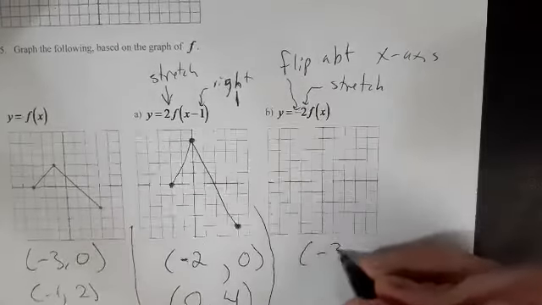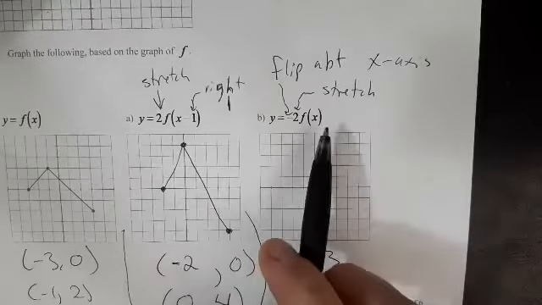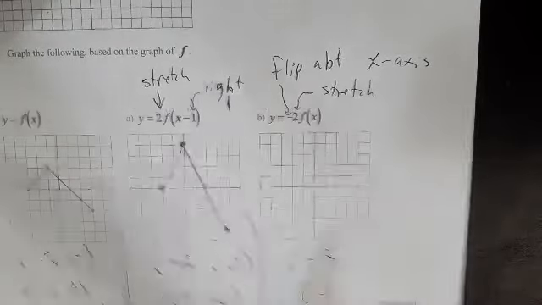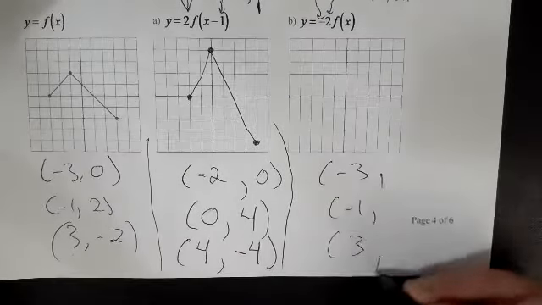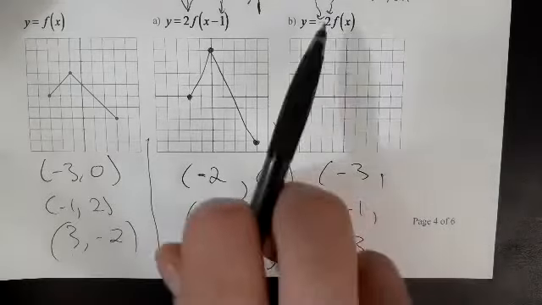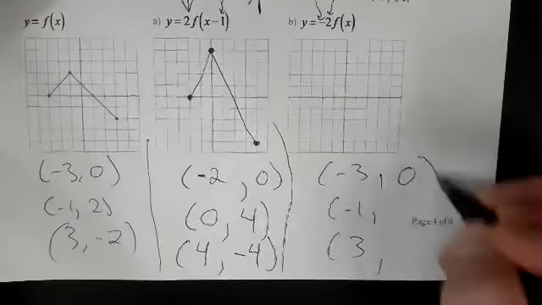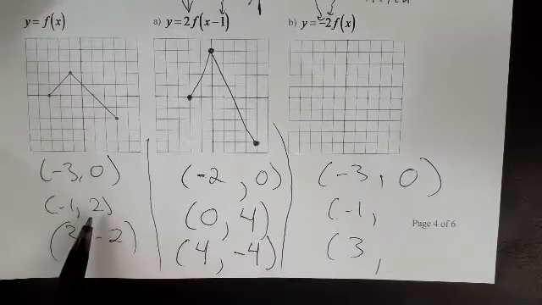So if we want to do this point by point, our x values are not changing, so I don't see anything happening to my x inside of my function. So these things should remain the same. -3, -1, and 3 are my x values. Now my y values, 0. I got to take that 0 and I have to multiply it by a -2. That one is going to stay there. -1, 2. I got to take that 2.